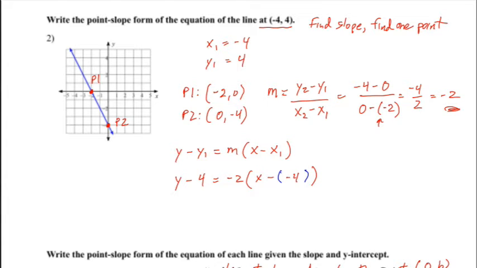And when we rewrite this portion in here, we're going to get y minus 4 is equal to minus 2 times x plus 4.